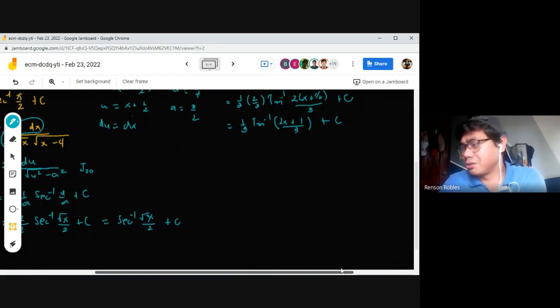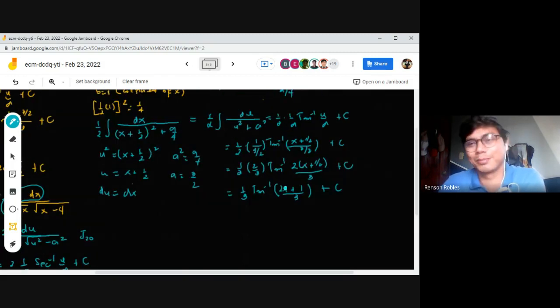I do not usually use calculator. As much as possible, I want to do it on my own, by my hand. Medyo may trust issue ako sa calculator. Minsan, napindot ko na sa calculator, tapos isosolve ko pa by hand. So, I'm not very dependent on the applications sa calculator.